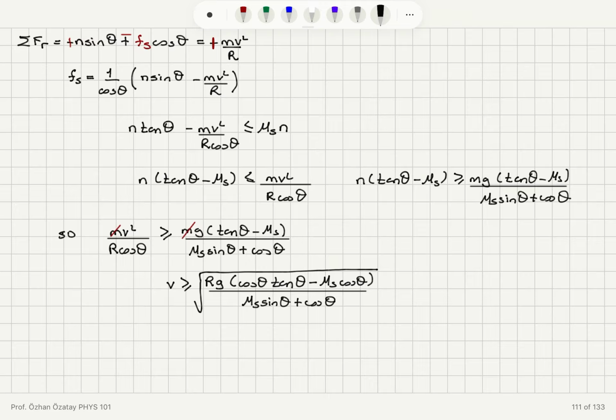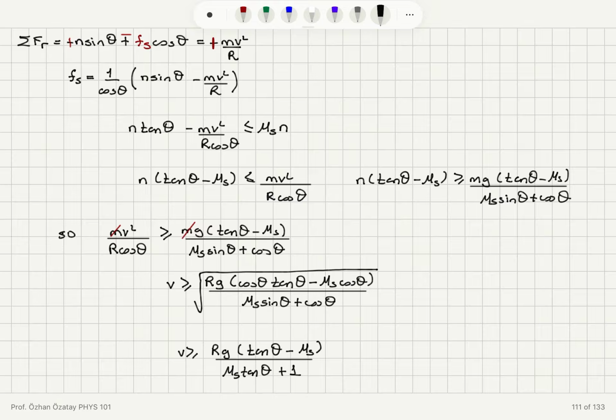And if I divide the top and bottom by cosine theta here, this can be written as v is greater or equal to the square root of rg times (tangent theta minus mu s) divided by (mu s tangent theta plus 1).